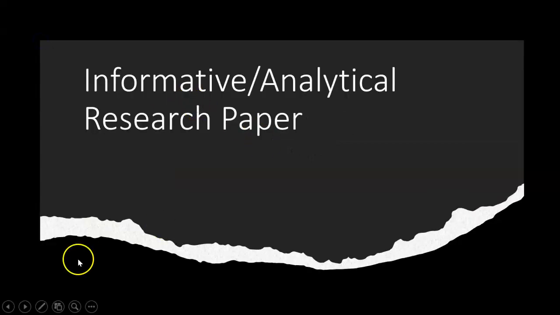All right, so the informational analytical research paper: you're writing a paper that is both informative, in other words not persuasive, but it's also analytical. You need to take this controversial topic and break it down into its viewpoints.